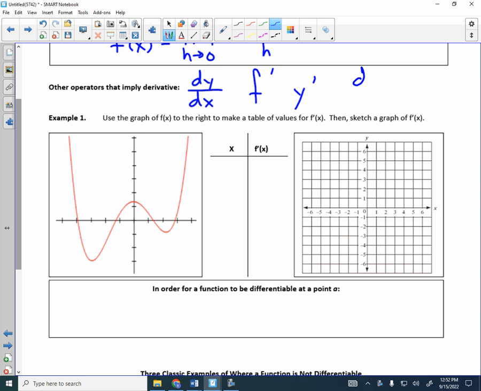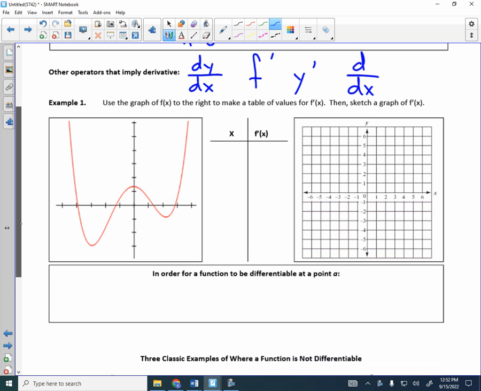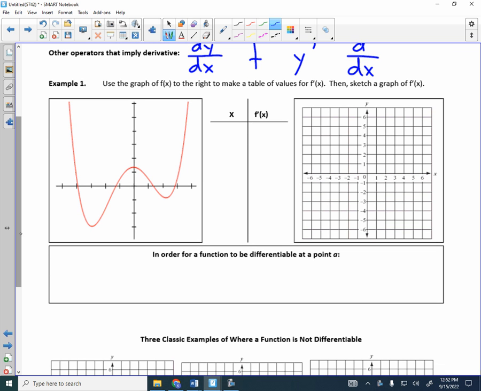If you see d over dx, that implies derivative. Okay. So all of those mean derivative. So what I want to do here is this function itself has a derivative. So today you're going to explore that graphical piece. And again, we won't do an assignment on it, but you will see this piece, okay?